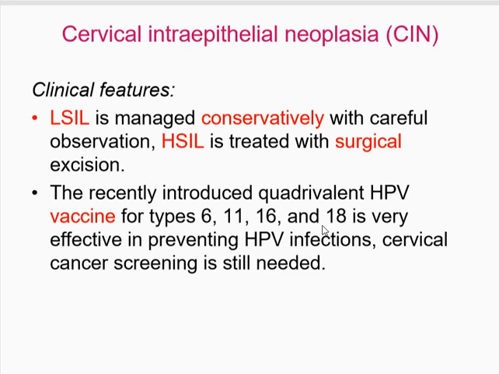As you may be aware, HPV vaccination has been introduced, and the vaccine covers the four most common types of HPVs, low-risk HPVs and high-risk HPVs together, and obviously immunization against these HPV types will lead to a decrease in diseases caused by these viruses, but will also result in a shift of viruses which will cause CIN and cervical carcinoma.